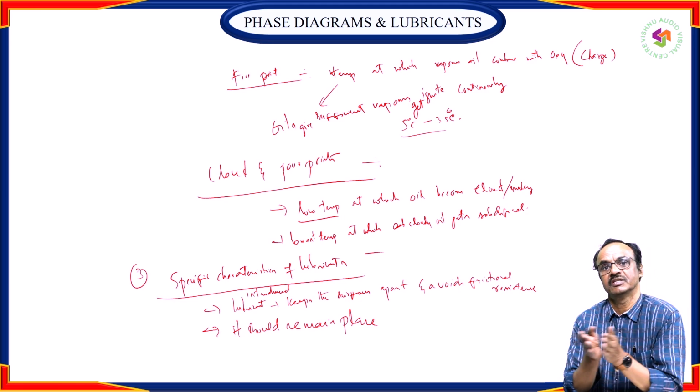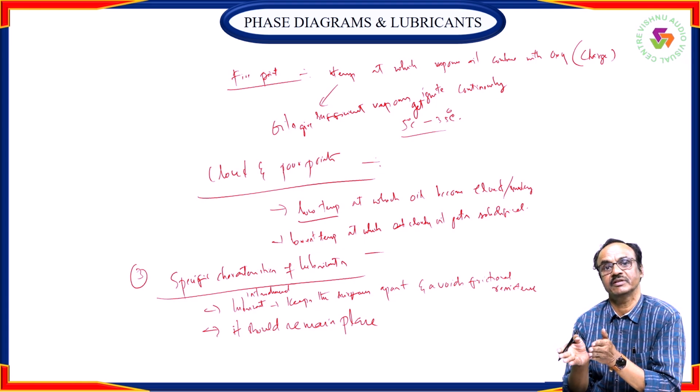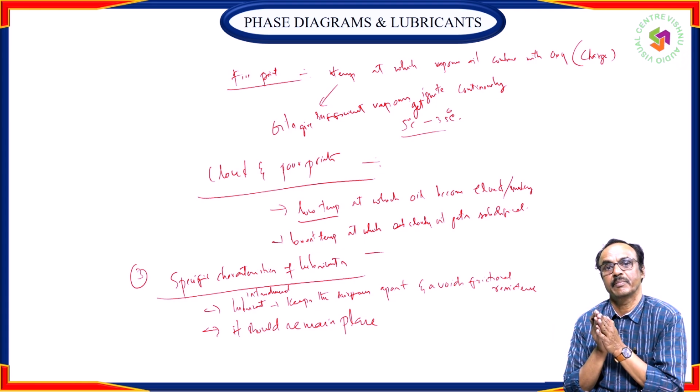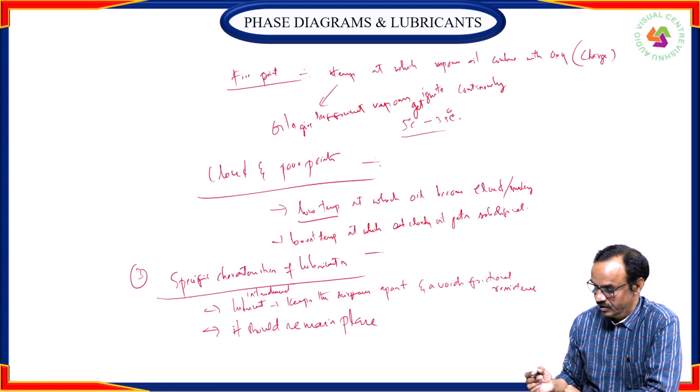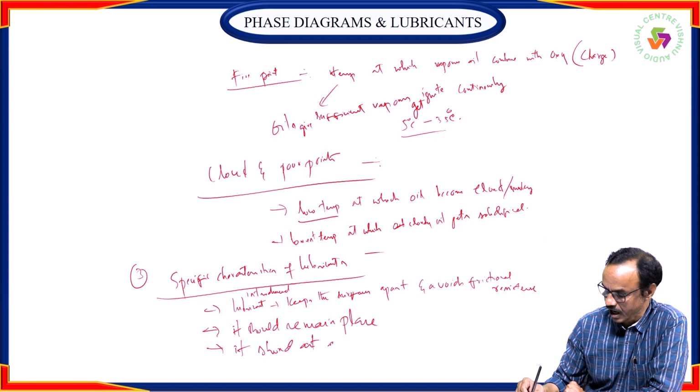Once they touch, heat generates in addition to working temperature, and it damages the metallic surfaces. Right? Remain in place. Three, it should act as a coolant.